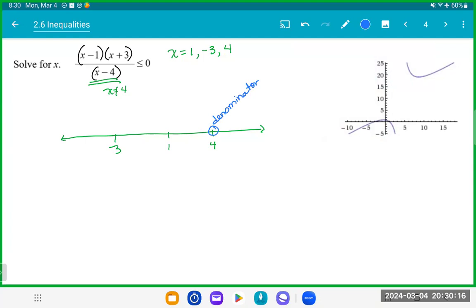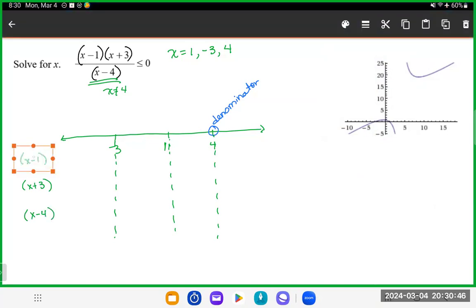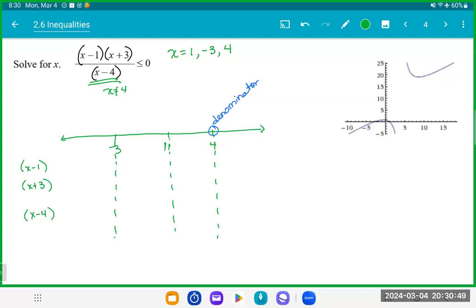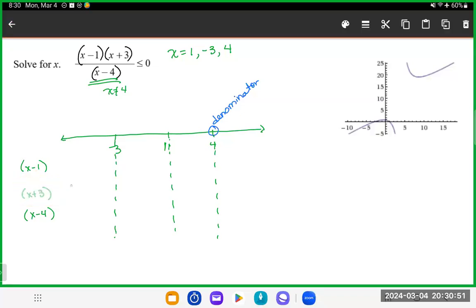I have to have a parentheses on the 4 because the 4 cannot be included because of that asymptote. Okay. So let's go ahead and put that one here. These values. So our test values, we have x minus 1, we have x plus 3, and we have x minus 4. These are our test values. Okay. Put this one down just a little. All right.